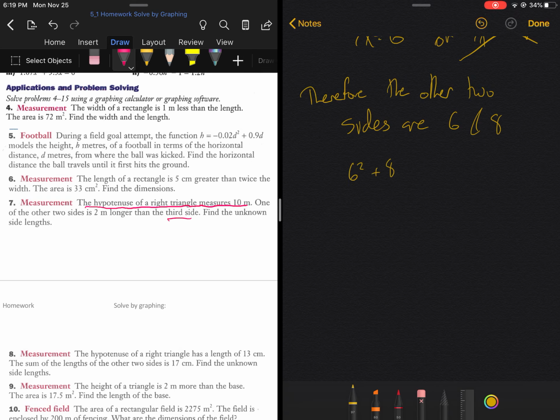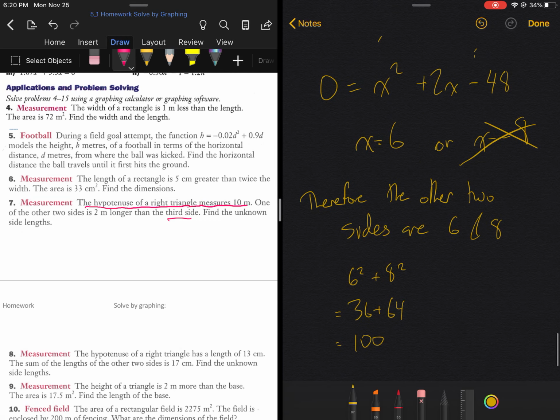And we're pretty much done. Now, if you want, we can continue and just say, hey, 6 squared plus 8 squared. What's that equal to? 36 plus 64, which is equal to 100, which is basically 10 squared, so the Pythagorean theorem holds. And of course, one is greater than the other, so therefore it holds.